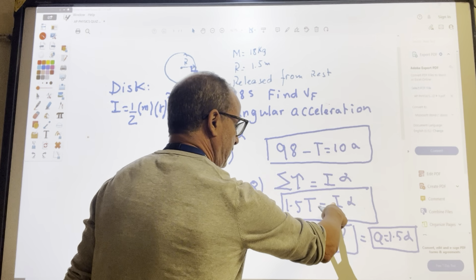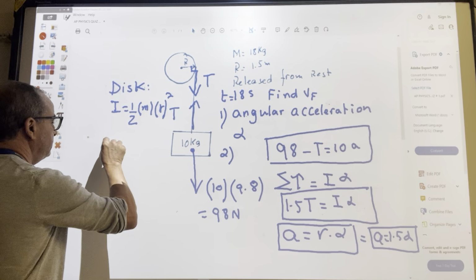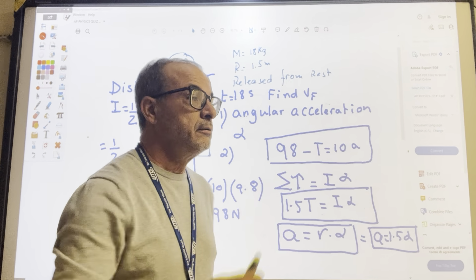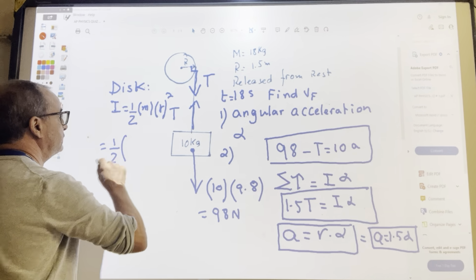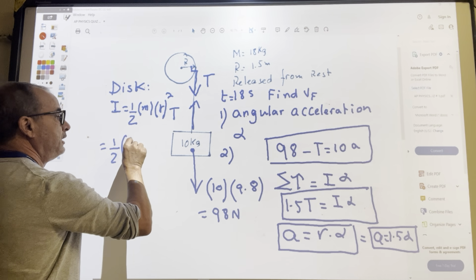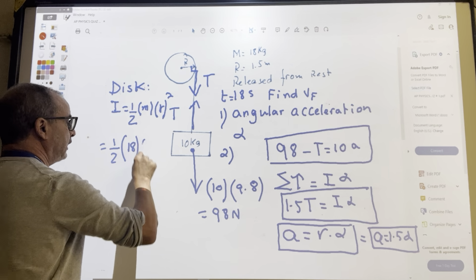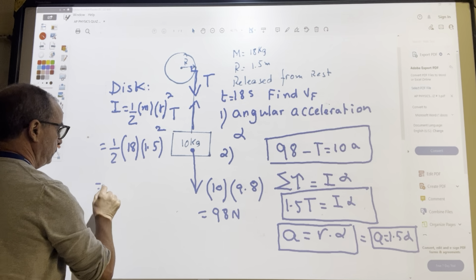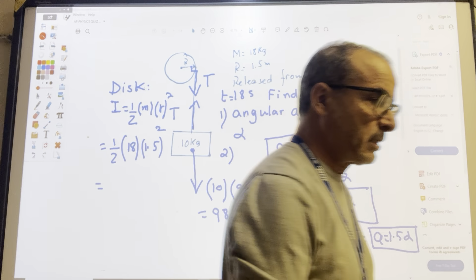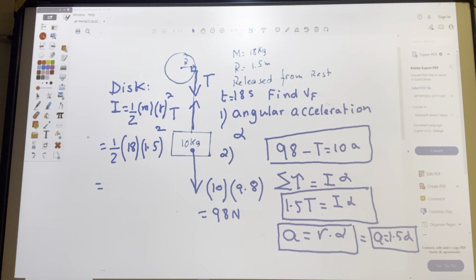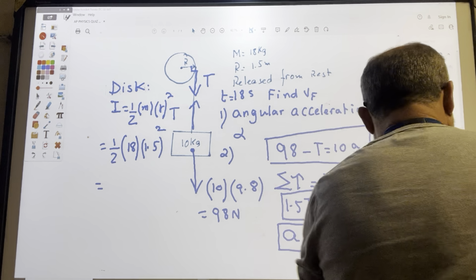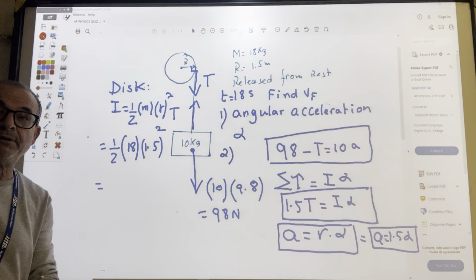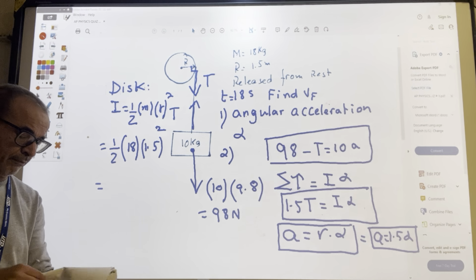Well, we can replace I first. Let's calculate the I. What's to do? 1/2 times M, which is 18, times 1.5, and then you square that. I'm just gonna do the calculations quickly so we'll be able to solve more problems.